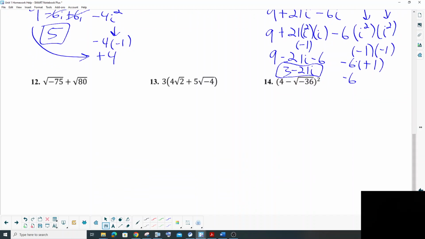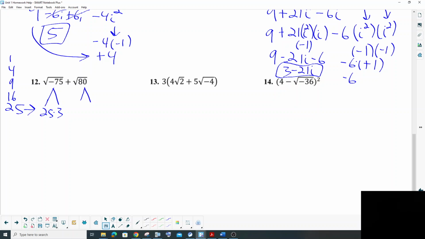Okay, so then we're going to number 12. Don't forget, you've got to break these down and try to break it down into a perfect square. 2 times 2 is 4, 3 times 3 is 9, 4 times 4 is 16, 5 times 5 is 25. That'd be a perfect square. So 25 times 3 is 75.